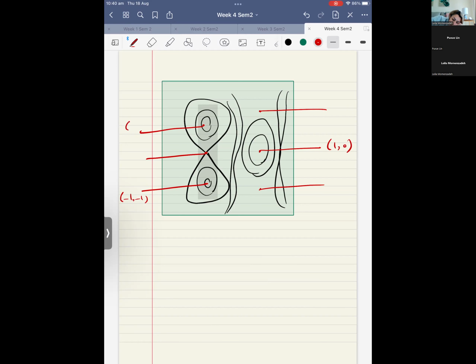This one would be 1 and 1. This one is 0 and -1. This one would be 1 and -1.